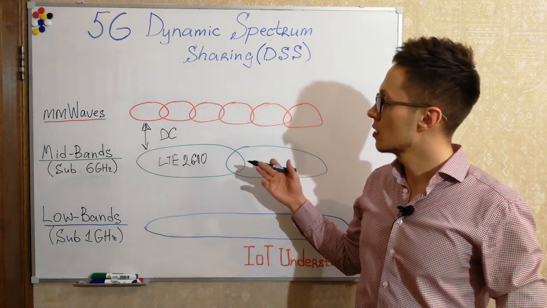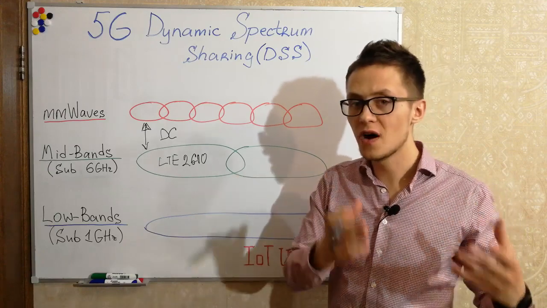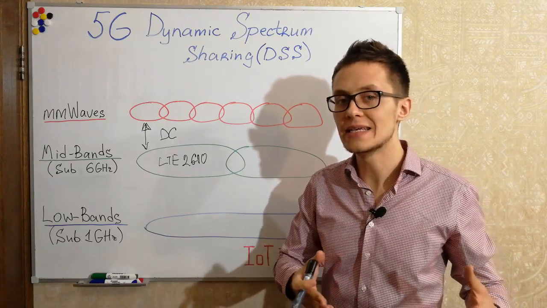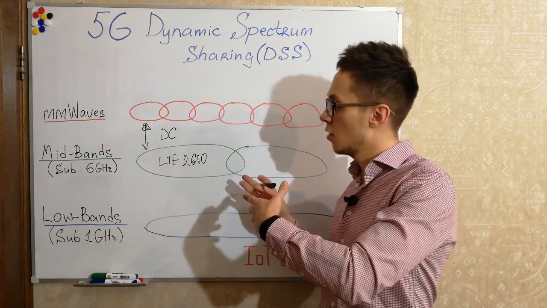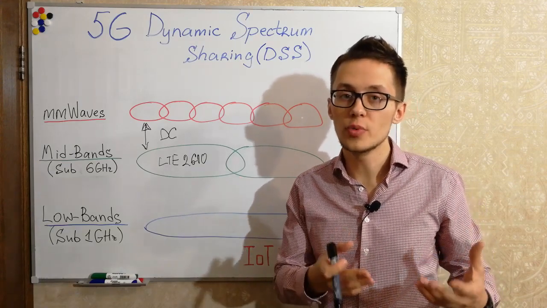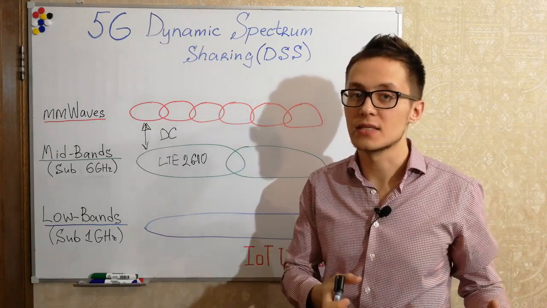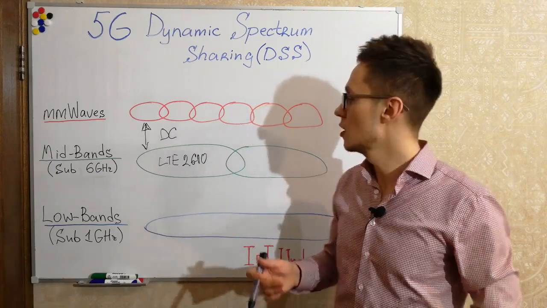But then you would like to use your 5G network not only in hotspots, but also to cover your urban areas. In this case, a DSS solution may help you.